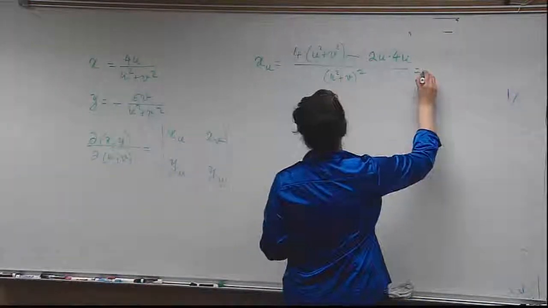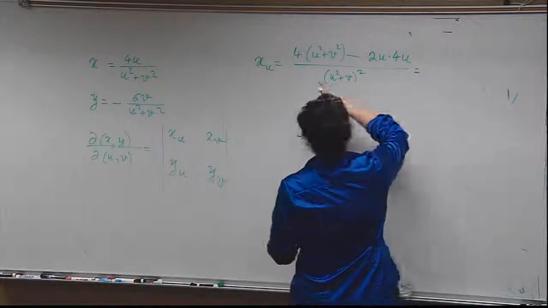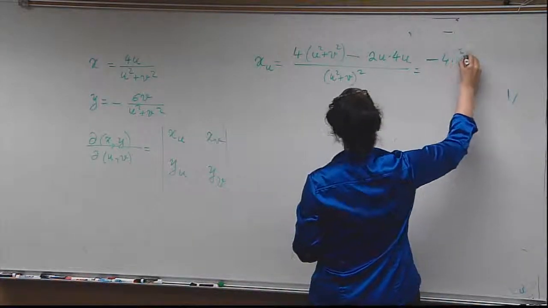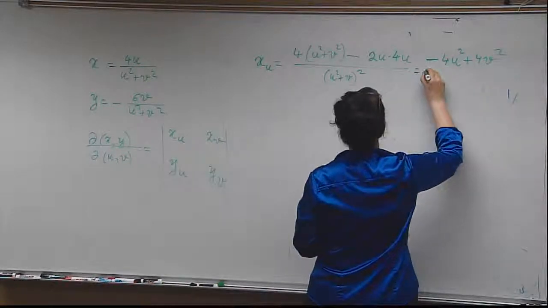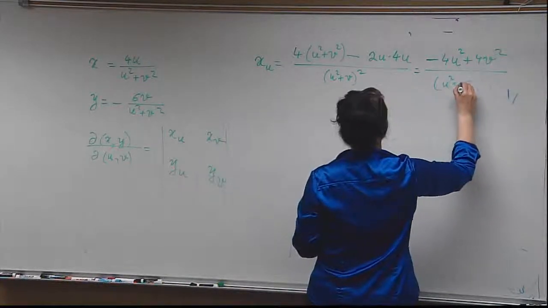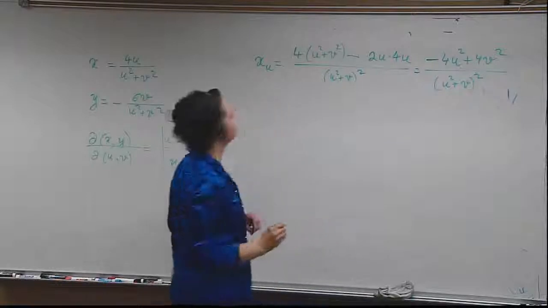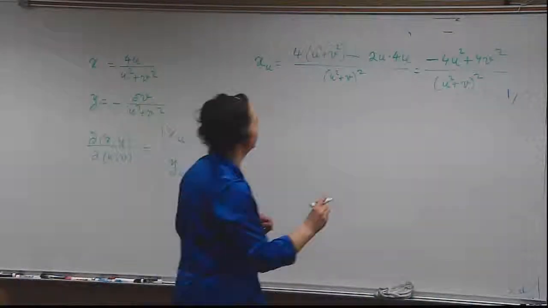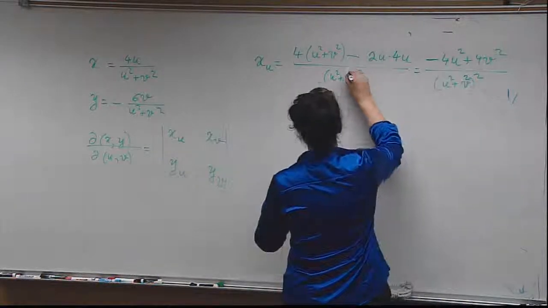So what you have is 4u squared minus 8u squared equals minus 4u squared plus 4v squared, divided by that. And that's what you have. (u squared plus v squared) squared, sorry.